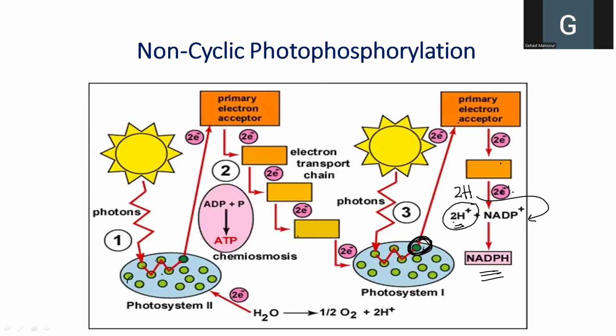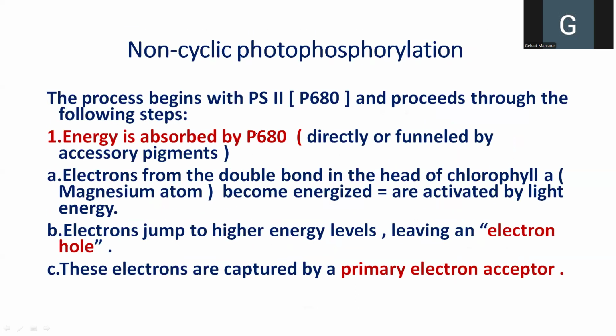Here, when we had an electron hole in the chlorophyll molecule, it has been replaced by electrons from the water molecule. But here, the electrons that have been lost by photosystem 1 upon being excited by the solar energy will be replaced from electrons of the electron transport chain of photosystem 2 and not from water.